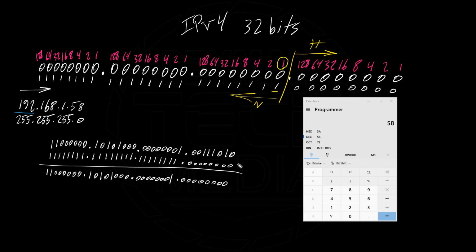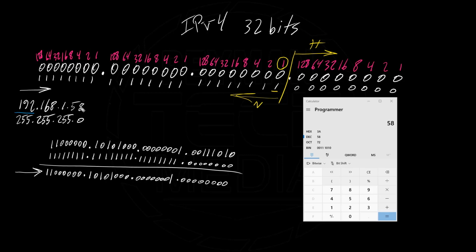So anytime we have the IP address and the subnet mask, when we convert them to binary format and apply the ANDing formula, if the bits for the IP address and the subnet mask are both on, the result is on. That's the only time the result will be on. Now this is our network address.